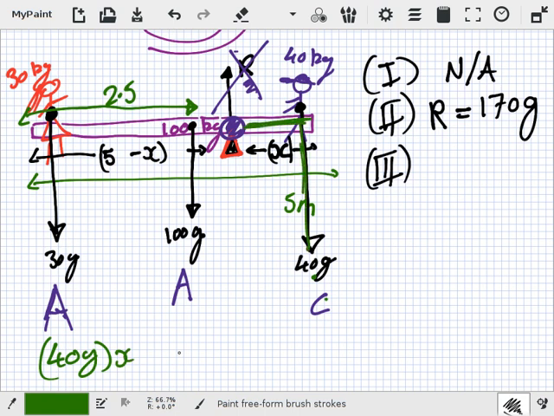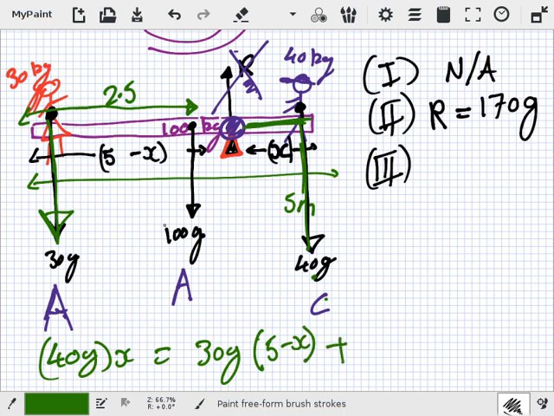Okay, let's look at the anti-clockwise. So let's do this one here first. The girl. What's her force? 30g. And what's the distance from her to the turning point? Very good, 5 minus x. Okay?